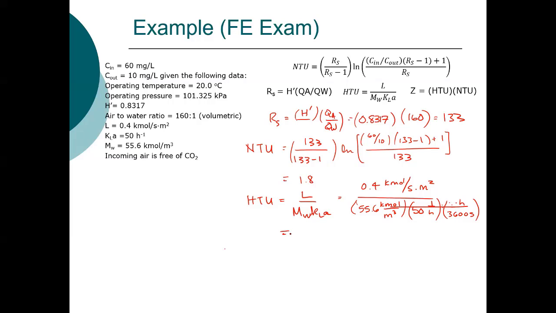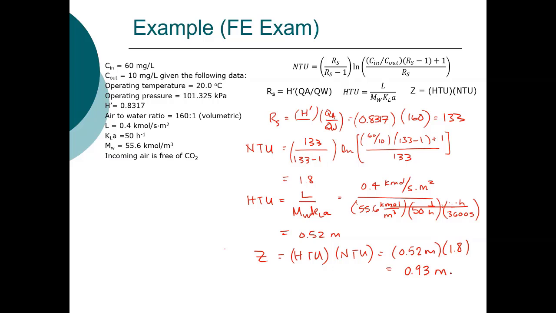And that is equal to 0.52 meters. So the height of the tower is equal to HTU times NTU, so the height of the transfer unit times the number of transfer units, and that is equal to 0.52 meters times 1.8 or 0.93 meters.